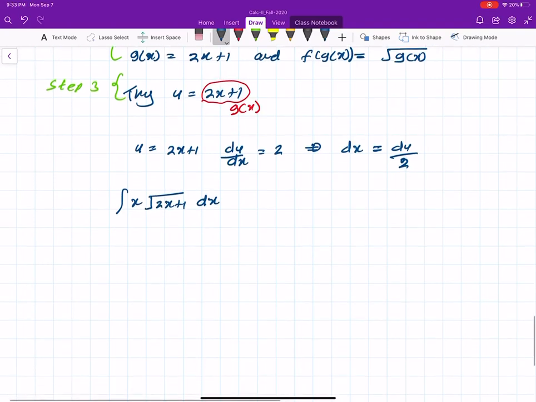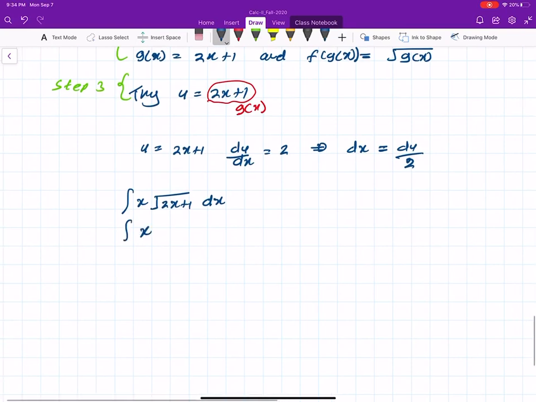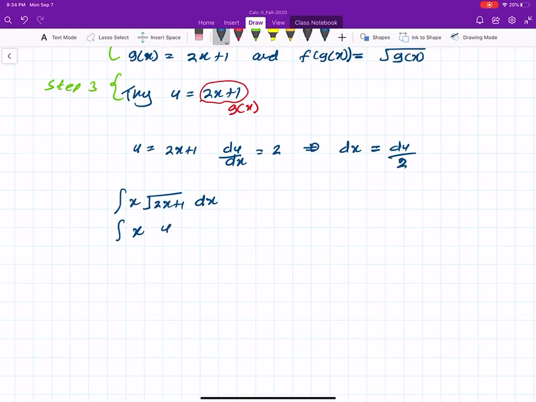Now I'm going to make substitutions. I keep this x as it is because I can work on that later. For this part, I type u. For dx, I write du over 2.